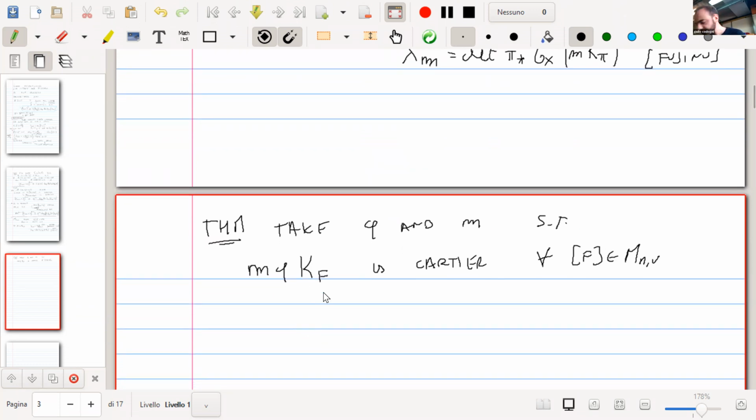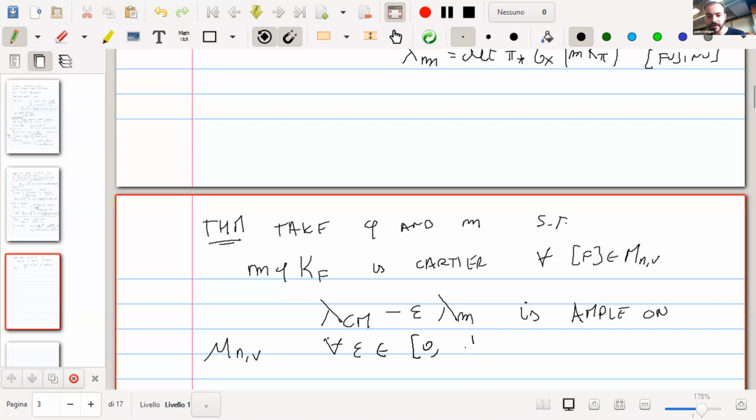And then the result we have is that lambda_CM minus epsilon lambda_m is ample on the moduli space M_n(V) for every epsilon in the interval from 0 to 1 over q^n m^(n+1), open here.